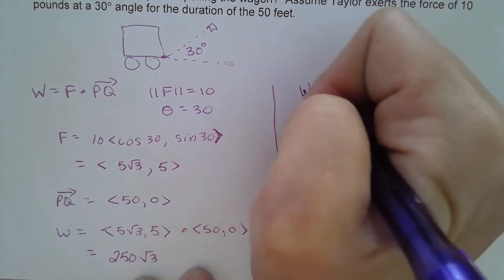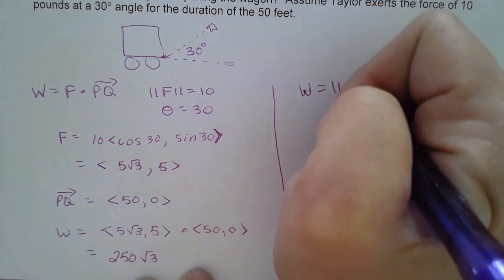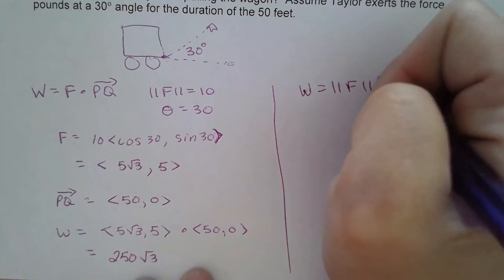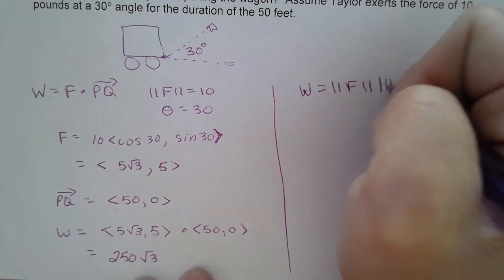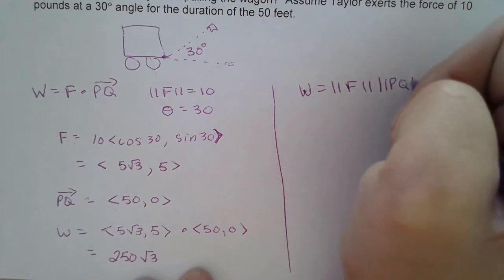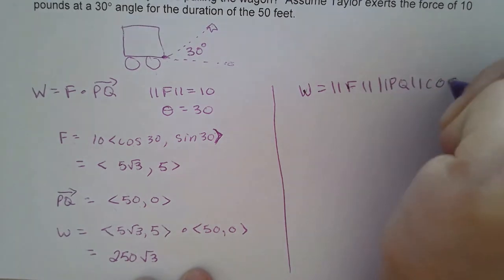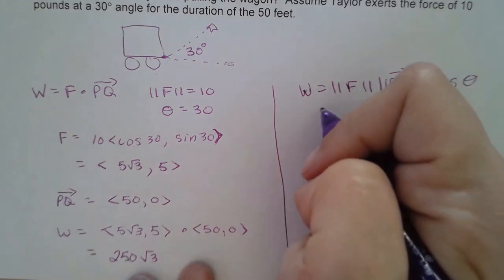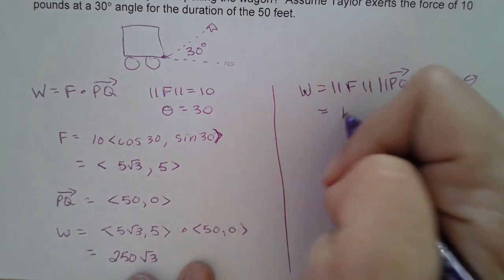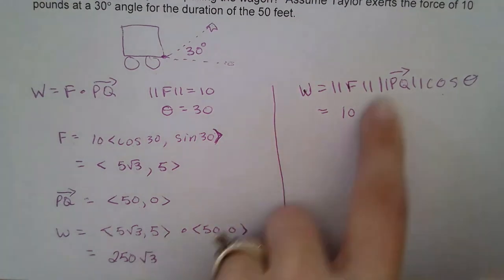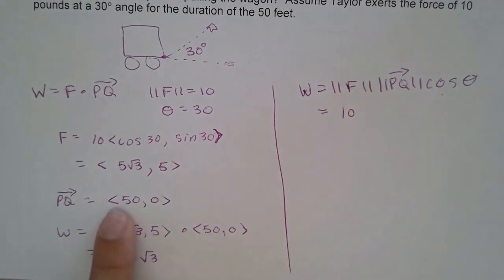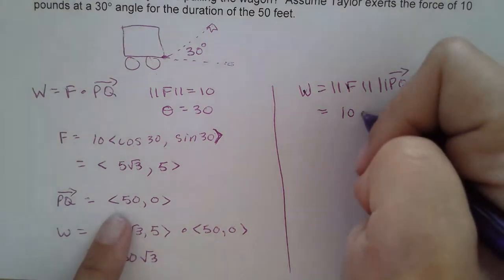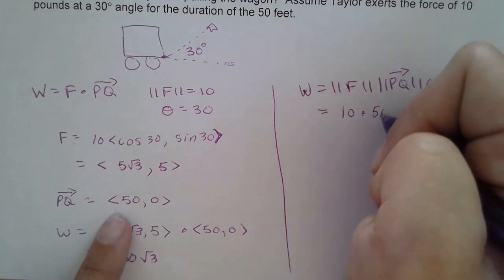I'm going to use that work is the magnitude of the force times the magnitude of PQ times cosine theta. We have a bunch of this already, right? We have 10. And if we find the magnitude of our vector, we get the square root of 50 squared plus 0 squared, which is 50.